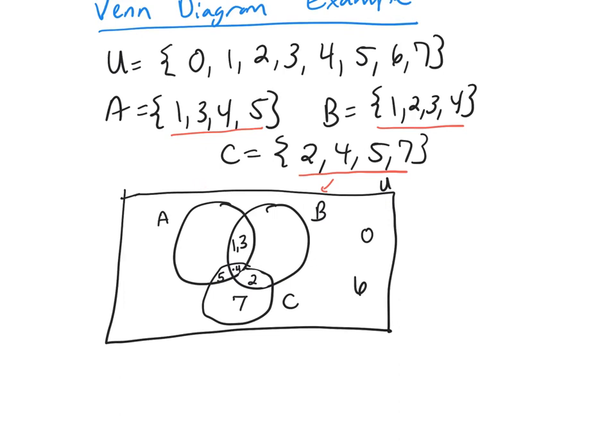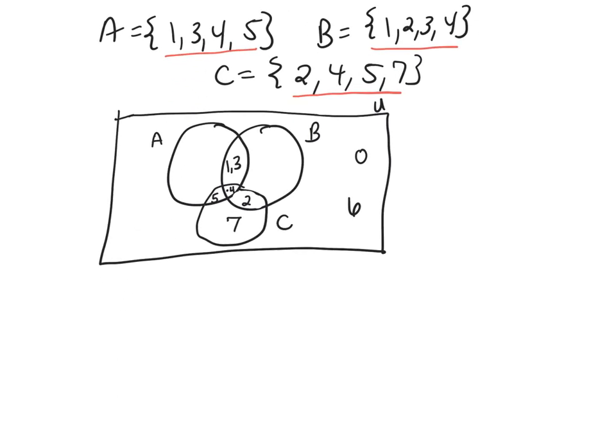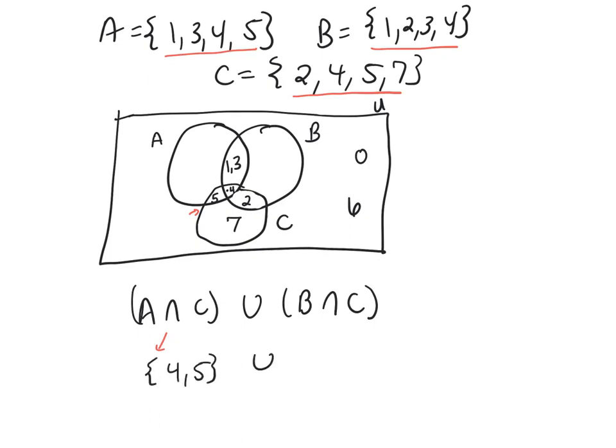And what's nice is it makes it easier to kind of compute things. So let's look at, I want you to compute A intersect C union B intersect C. So if I look at A intersect C, what do A and C have in common? Look here. They have the elements 4 and 5 in common.